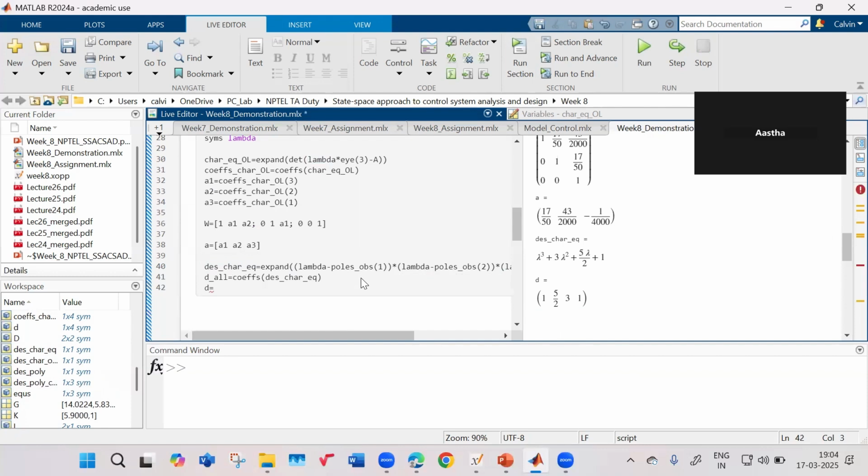And D which we actually want is from D all. So D1 is D all the second one. D2 is D all the third one.